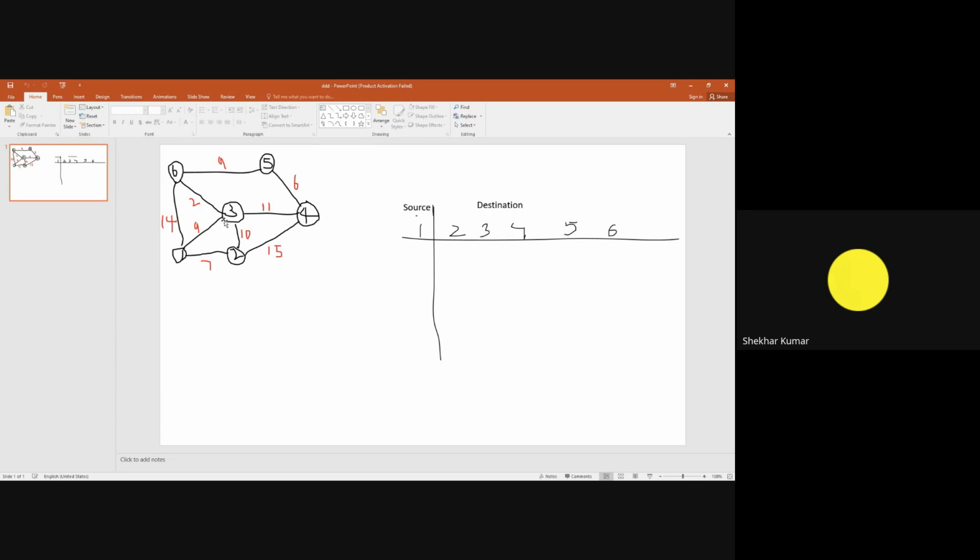I have selected node 1 as the source node. Now we will find the single source shortest path from source to vertex.